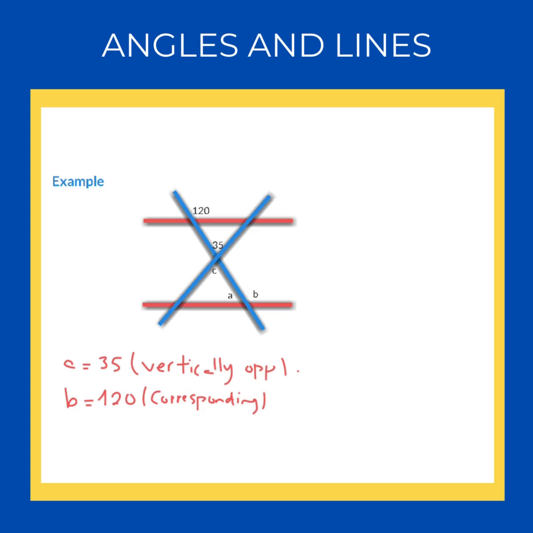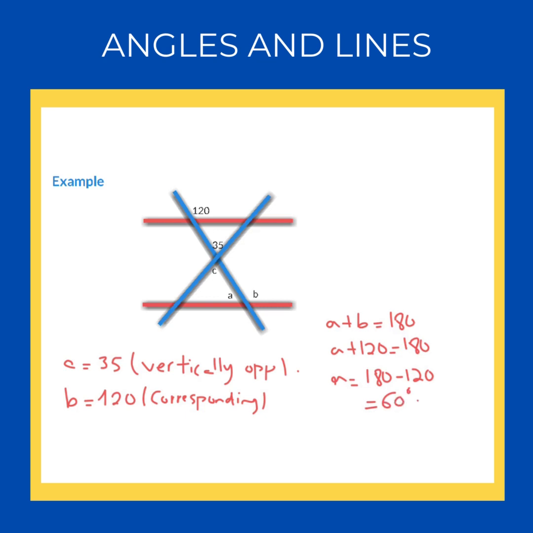Now, how can we find A? Since B is 120 degrees, angles A and B lie on a straight line. So if I add up A to B, the answer is 180 degrees. So A plus B is equal to 180 degrees. Now since B is 120, A plus 120 is equal to 180. So A is 180 minus 120, which is equal to 60 degrees.